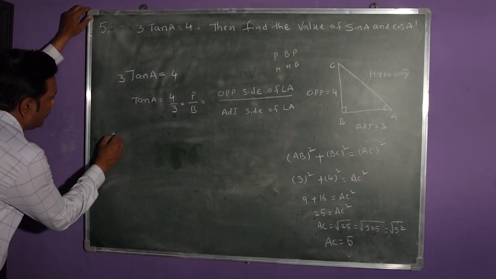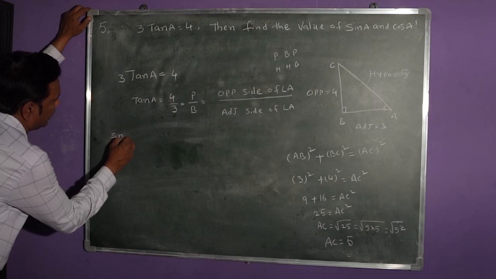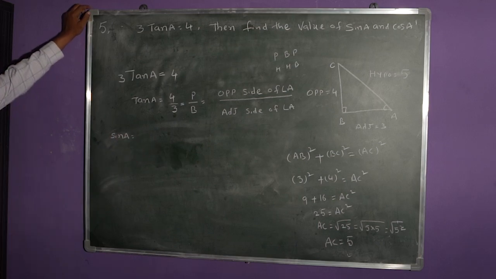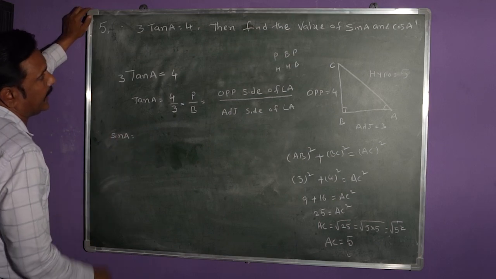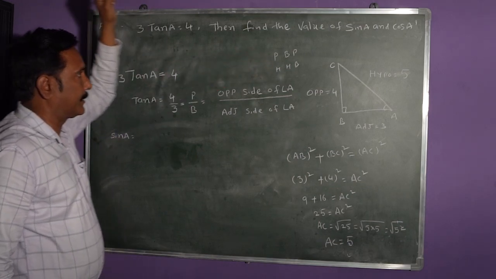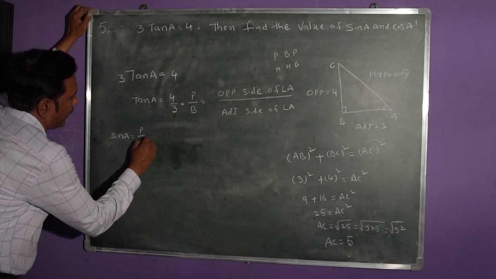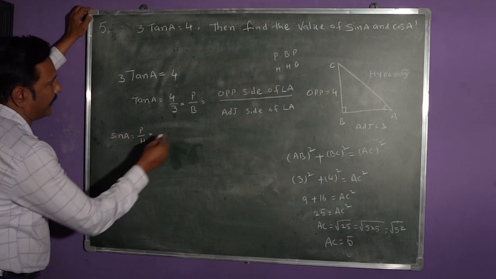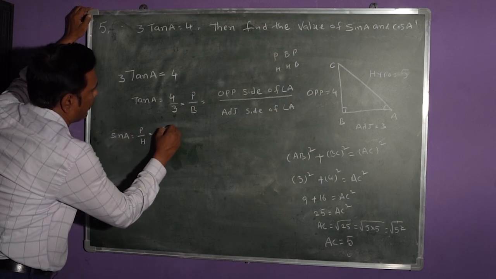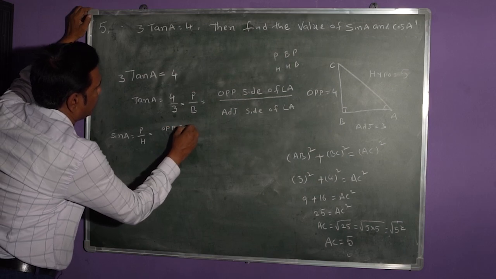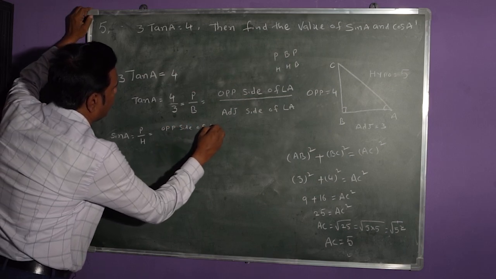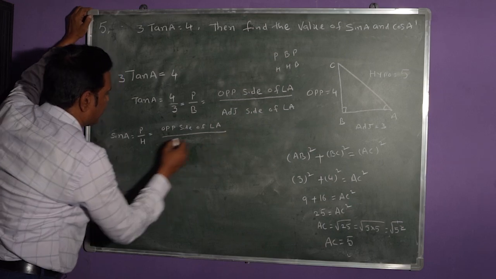Okay, easily I will find the sine A. What is the sine A? Sine means P by H. P is perpendicular, which means always the opposite side of angle A. And next is hypotenuse.